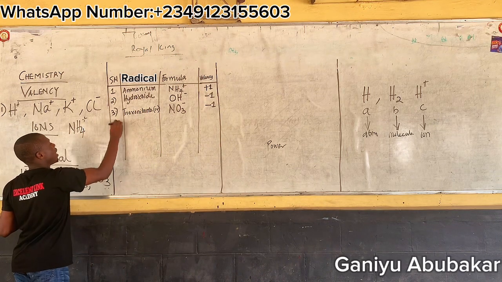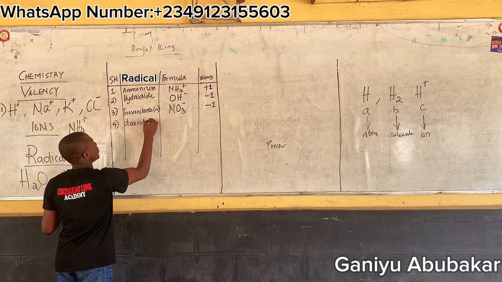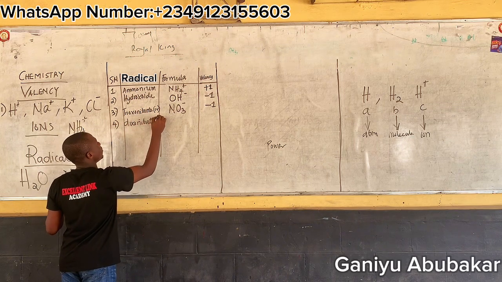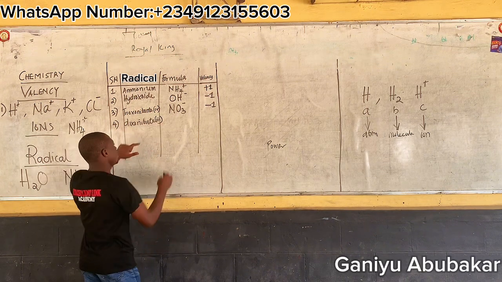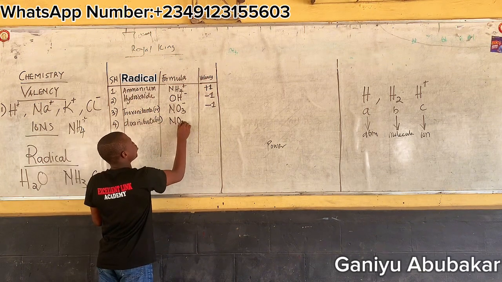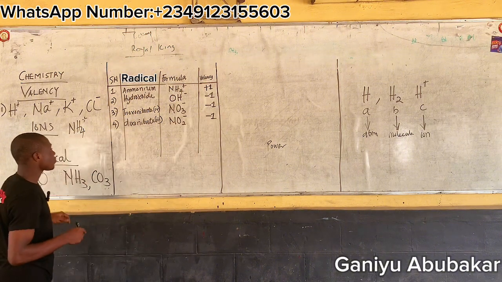Number 4, we have dioxonitrate 3. What's the formula there? That's NO2 minus, and minus 1 is the valency.